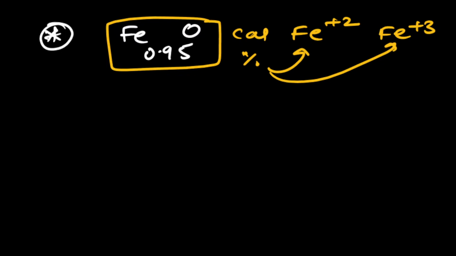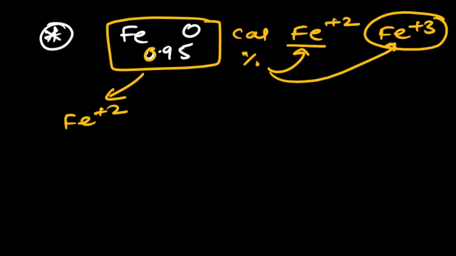Whenever this type of non-stoichiometric compound is given, we don't know how much Fe+2 and how much Fe+3 is present. So take Fe+2 as X, and Fe+3 as the remainder.